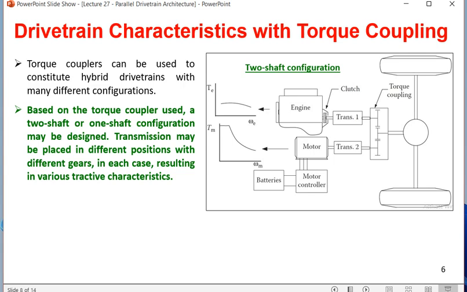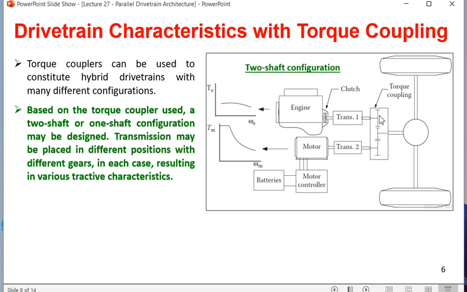That means T1 and T2 are added here, and T3 is produced, which is the mechanical power connected to the wheels by the differential. So the torque coupler can be used. After transmission 1 and transmission 2, this vertical block is called the torque coupling block.